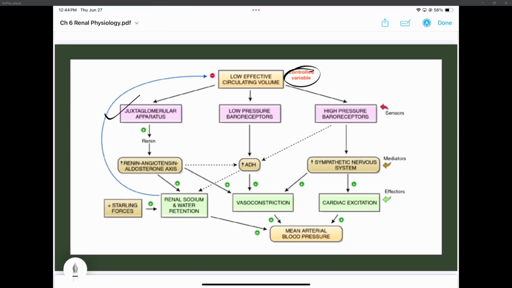The renal medulla. These juxtaglomerular nephrons go deeper into the medulla. Therefore, when we have instances of low circulating volume, that juxtaglomerular apparatus will sense that. You can even store some blood in those areas to help resist low blood volumes. So that's the juxtaglomerular apparatus within the kidneys.